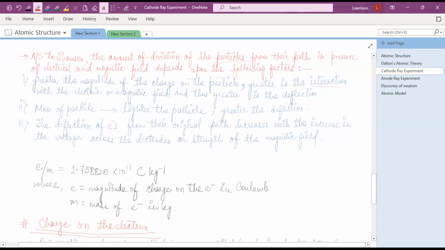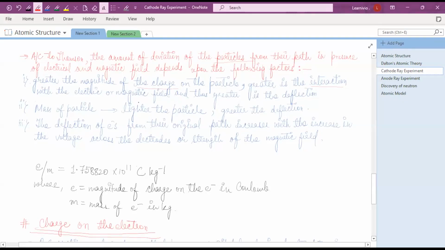Means the magnitude of charge is directly proportional to the deflection. If the magnitude of charge of the particle is more, then the interaction of that particle with the electric and magnetic field will be more, right?